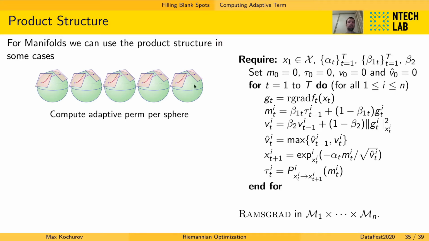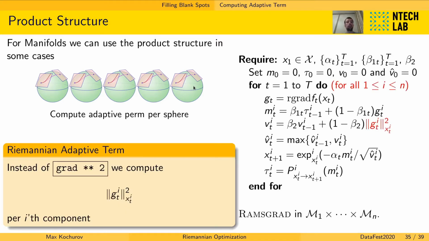You can see that it's the same as independent coordinates, and it acts exactly the same. If you have this product structure, you can compute the adaptive term as a squared norm of the gradient. And in the Euclidean case, we did this element-wise, and here we do it manifold-wise, per each component of the product structure.